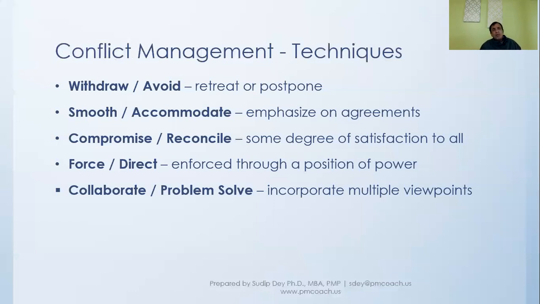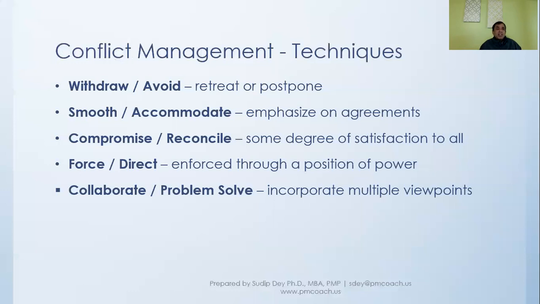From another angle, what will typically happen in a project if there are conflicts between the members? Initially they'll try to resolve it, and if it doesn't get resolved, that is when you will come into play as a project manager. You will have to go and mediate and get it resolved.